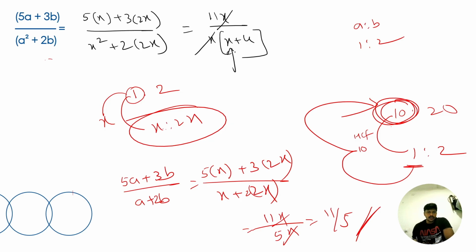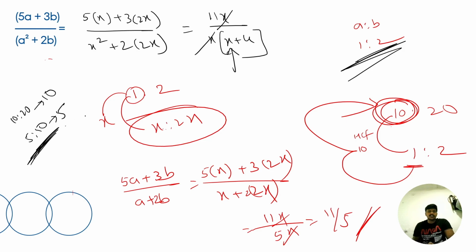But do you know the value of x? That is the HCF of the original numbers. We don't know. Why? Because we don't have the original numbers. We're just having the ratio. So if the original numbers are 10 and 20, the HCF is going to be 10. If the original numbers are 5 and 10, the HCF is going to be 5. So until and unless you know the original numbers and their HCF, that means the term which you are cancelling, you can never find out the answer for the above problem.